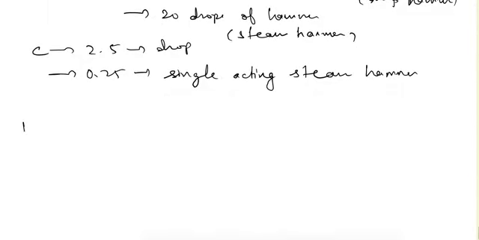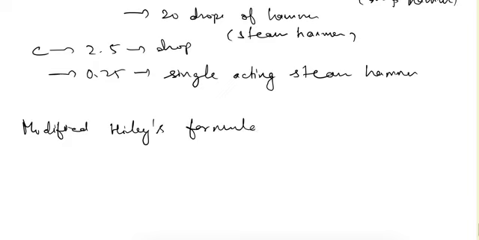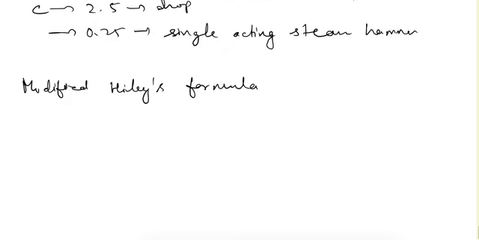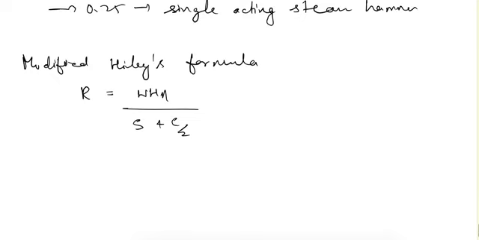After that, one more formula is there, that is the modified Hiley formula. According to this, the pile load capacity R, or the pile load resistance, is given as WH eta divided by (S plus C by 2). Now W, that is the weight of the hammer, is in tons here. H is again the height of fall in centimeter.